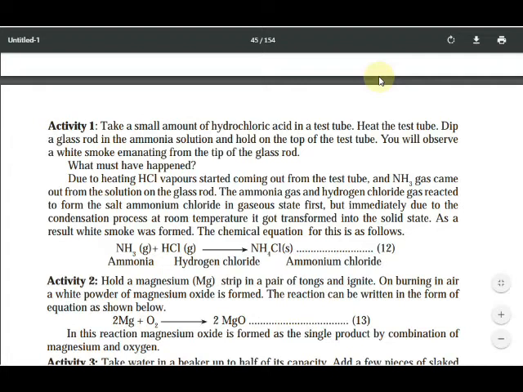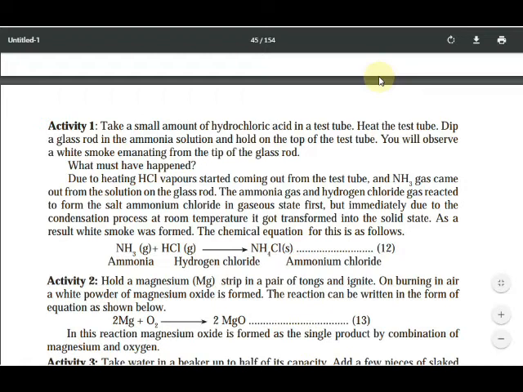So ammonia gas and hydrogen chloride gas are formed, which are in gaseous state first, and immediately at room temperature, what happens? They get condensed, and solid ammonium chloride is formed, which was previously gaseous. Again they formed into solid state. Understood? Now next, activity number 2.